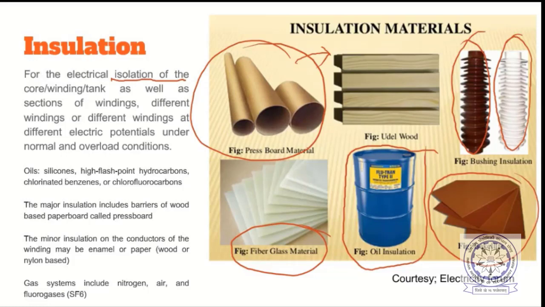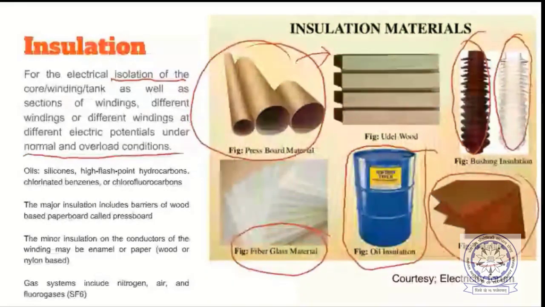And this insulation should support the transformer under normal as well as overloaded conditions. It's not that it will support only under normal condition. Even under overloaded conditions, this insulation should actually survive.